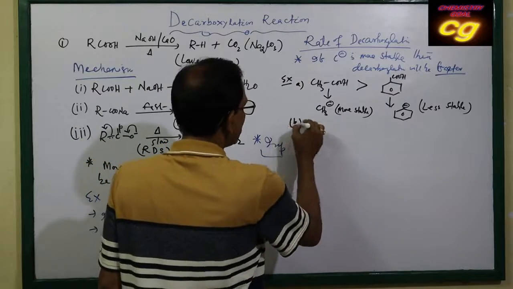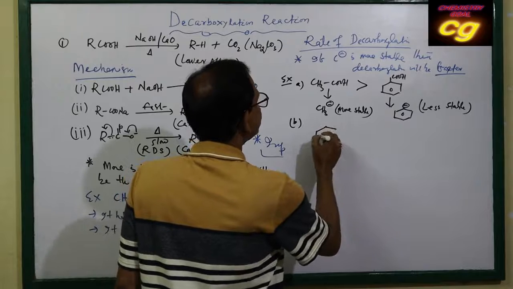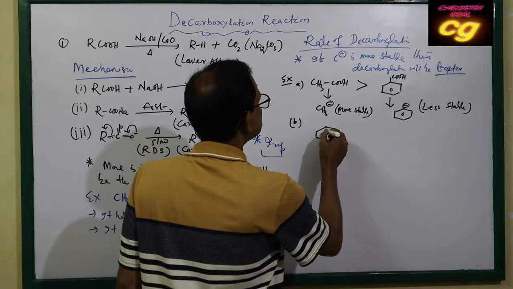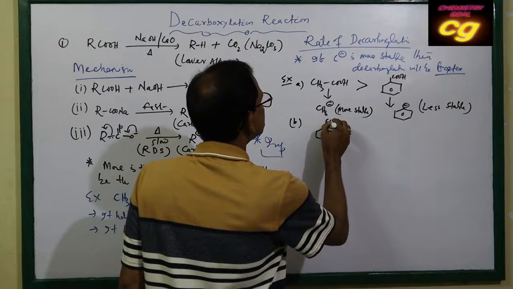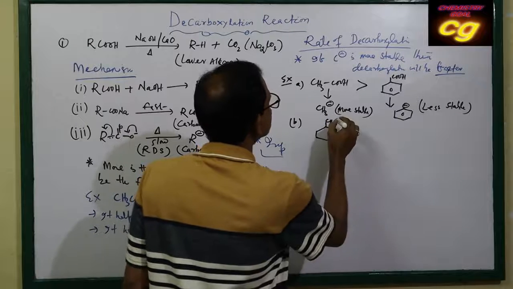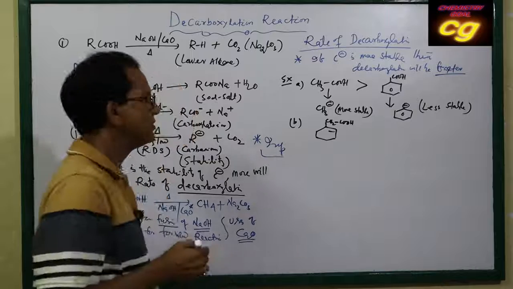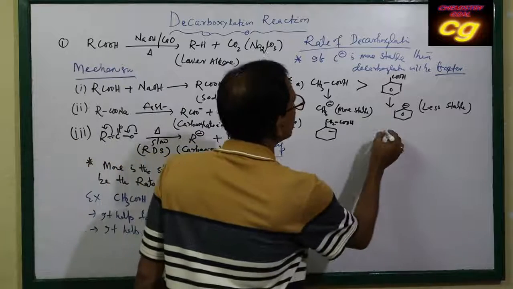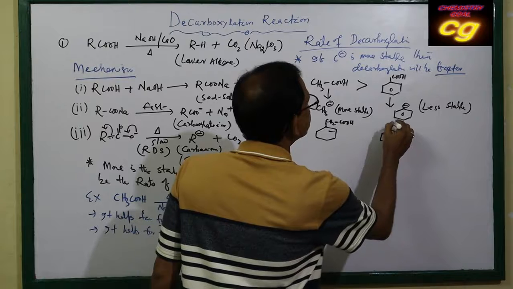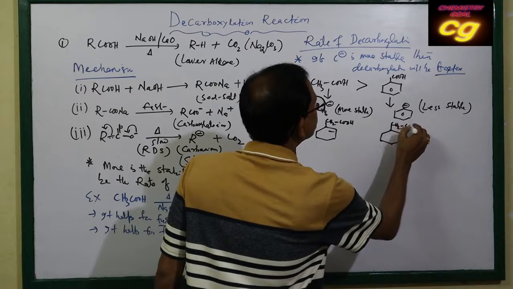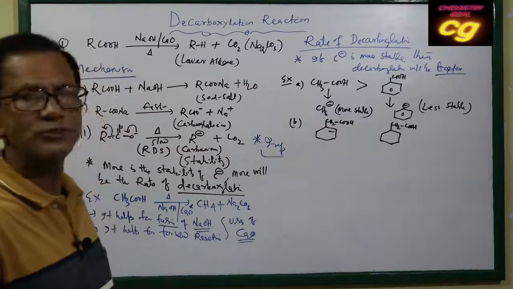Second example you can take, let it be like this. Suppose this acid, then we can take this acid, whose decarboxylation will be faster.